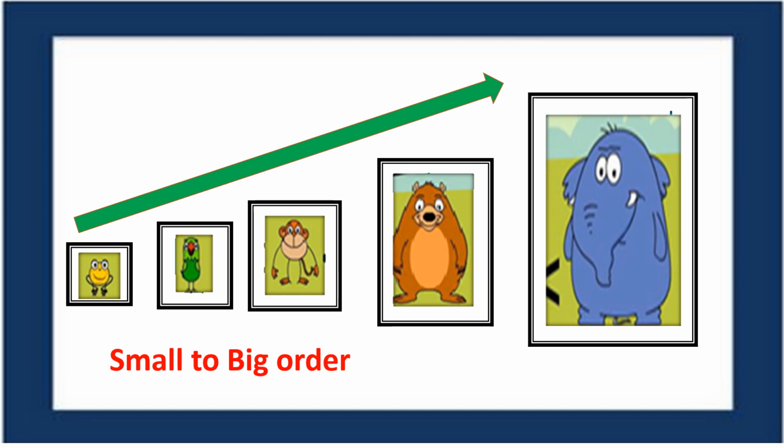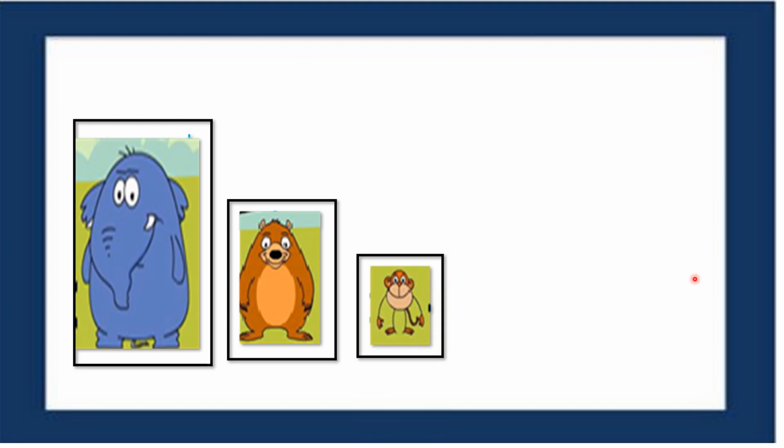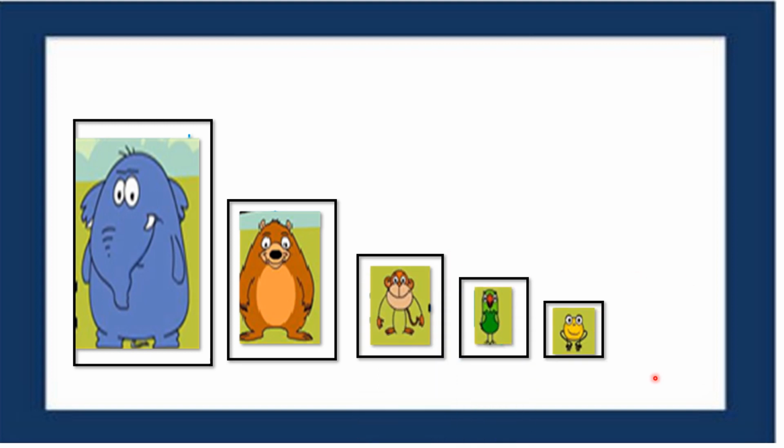So whenever you get the word small, remember the picture of the ant. So they are standing in which order? All these animals are standing in the ascending order, from the smallest to the biggest one. On the next day, these animals are standing in a different way. You can observe first an elephant, next is the bear, next the monkey, next the parrot, and last it is the frog.